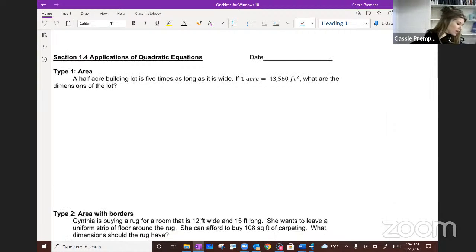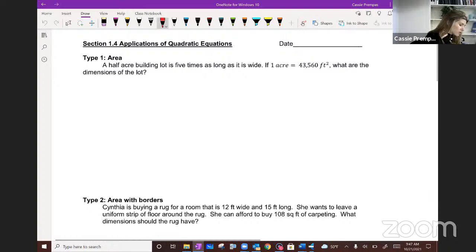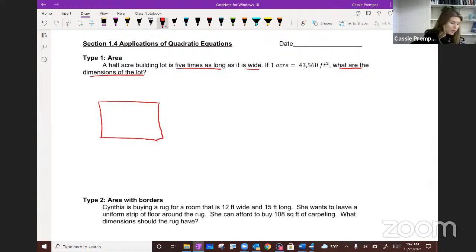I always like to start with the end of the question because it tells me what I'm solving for, the dimensions of the lot. Lots are typically rectangular. And let's see what it says right now about the dimensions. It says that the lot is 5 times as long as it is wide. So let W equal the width of the lot.